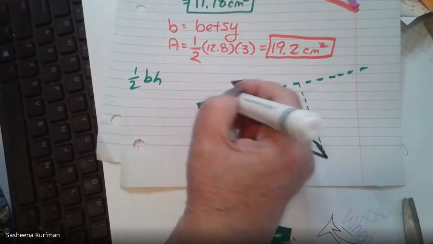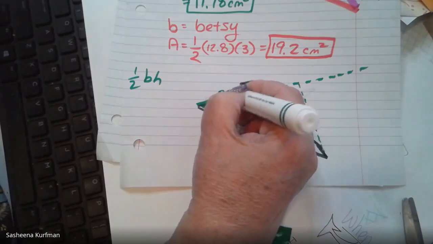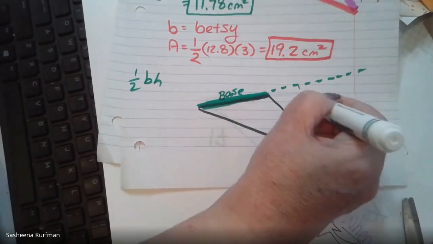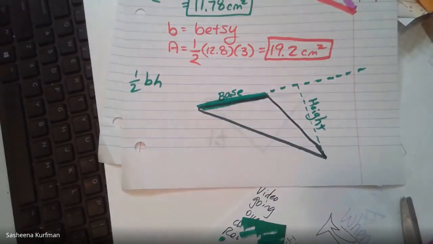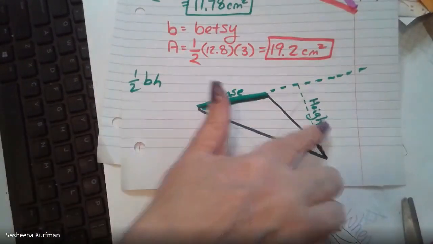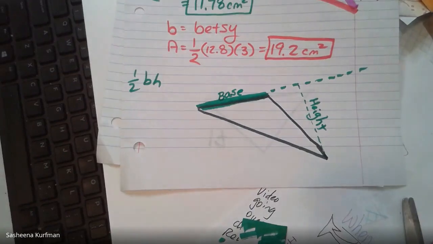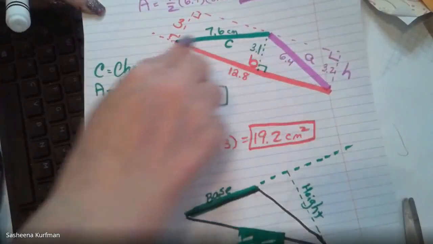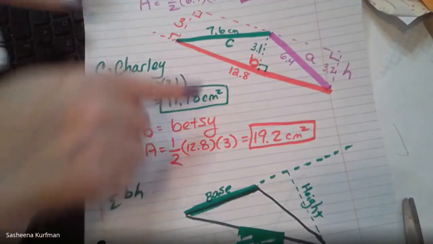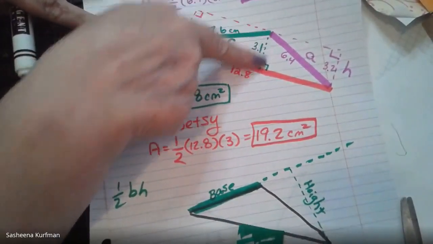So this is Charlie's base, and this is Charlie's height. He would have to take those two measures, multiply them together, and multiply times 1/2. Let's take a look at what he did. This was his base, but the problem is that he chose this distance.